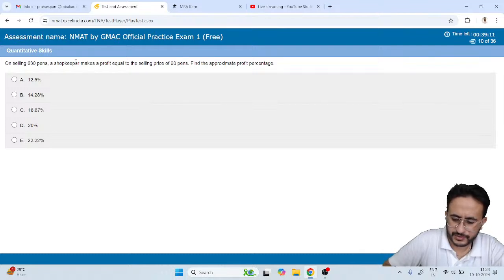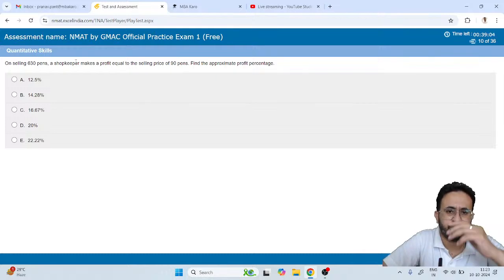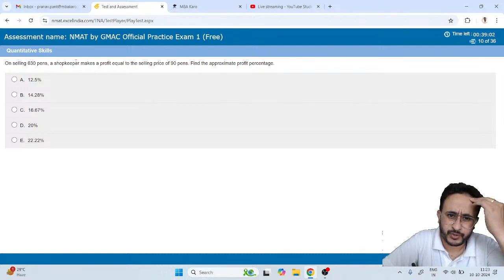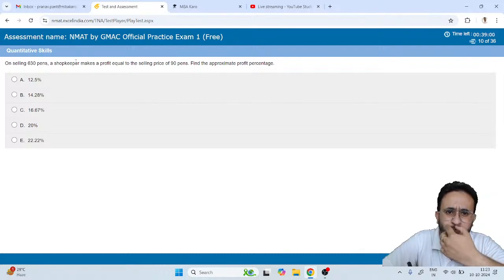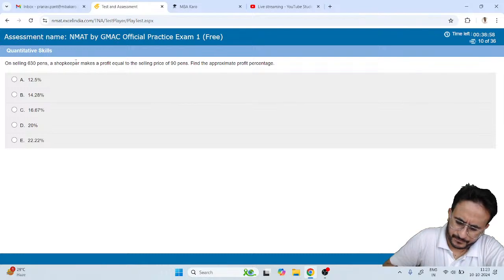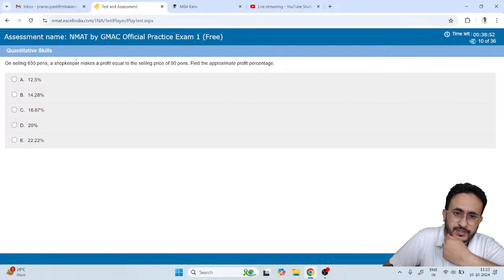So cost price of this will be 630. Okay, and the profit is equal to selling price of 90 pence. So profit is of 90. Profit 90 if we make, it will be 720, more than 720.